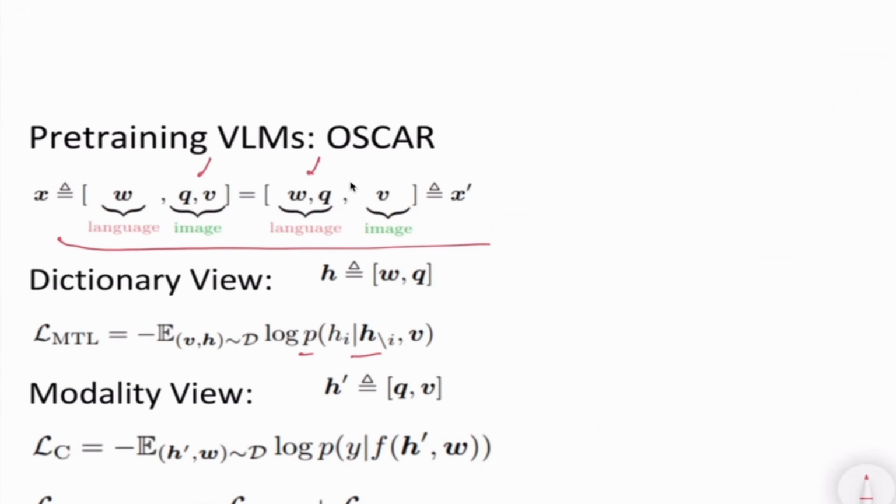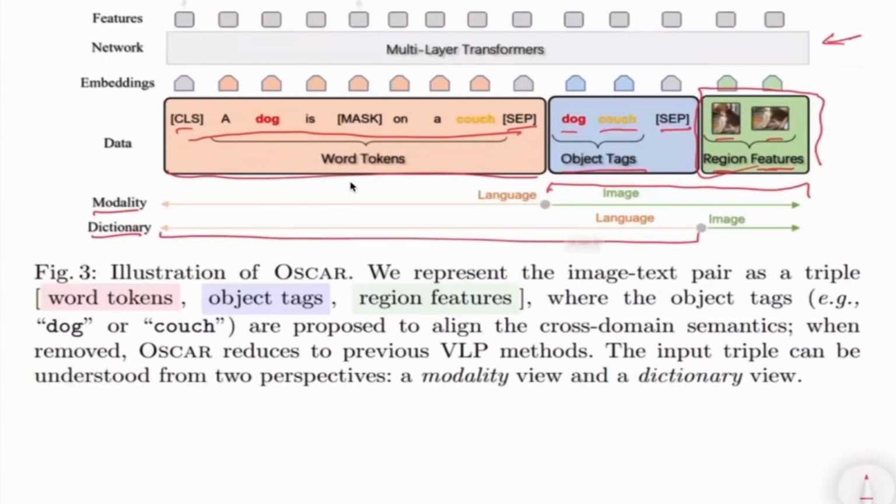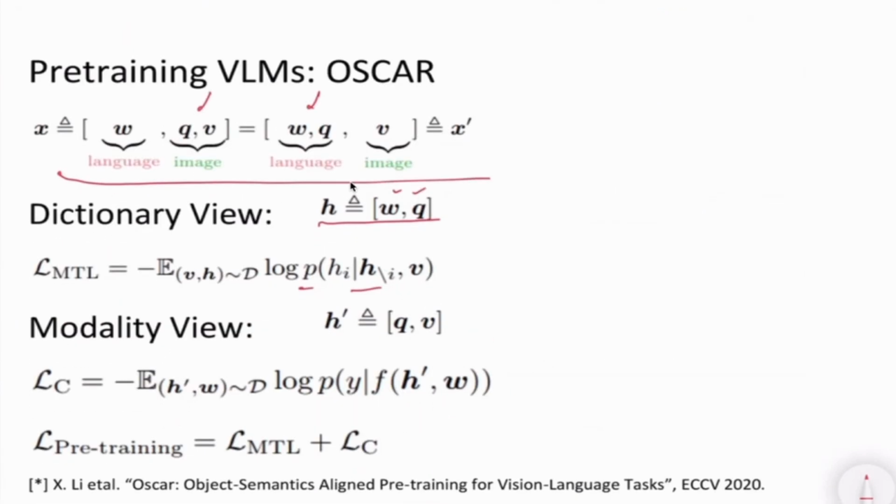When you have the dictionary view, the word and the corresponding object tags are together. So h consists of words and the object tags. You mask randomly 15% of them and you recover them. That is the loss here, negative log likelihood, masked token modeling. That's what we covered just now in UNITER as well.